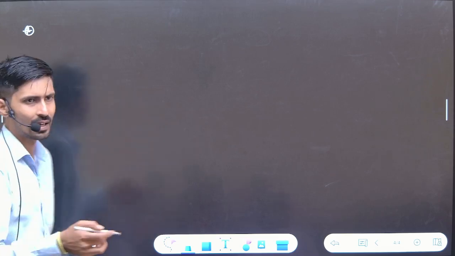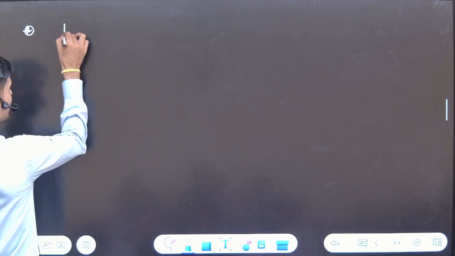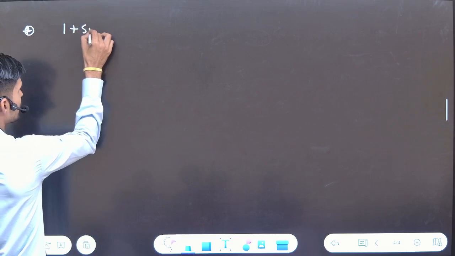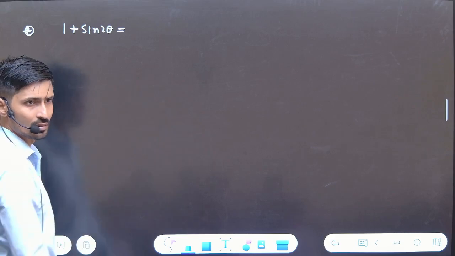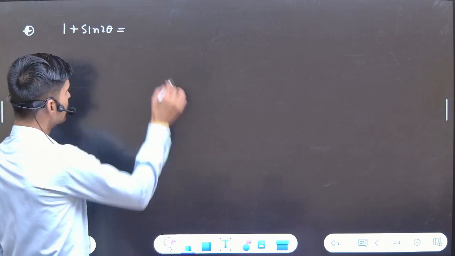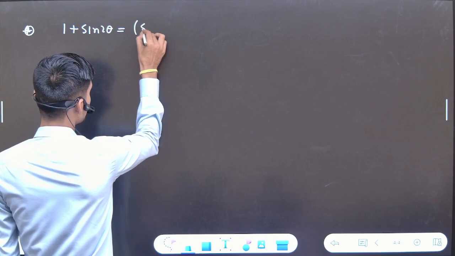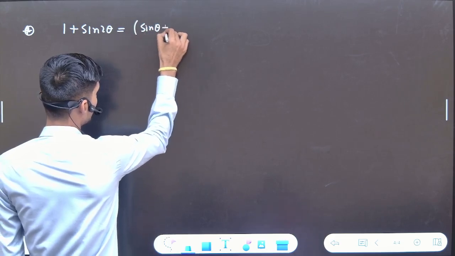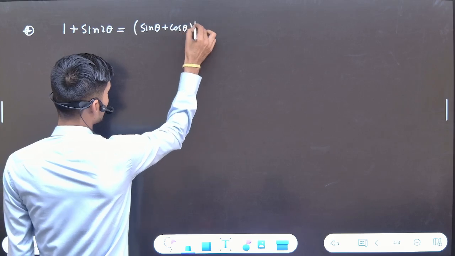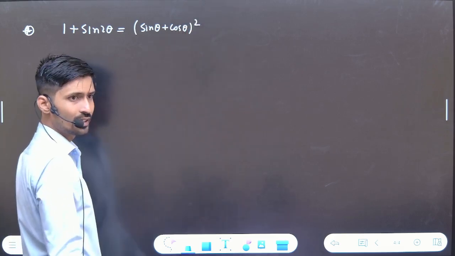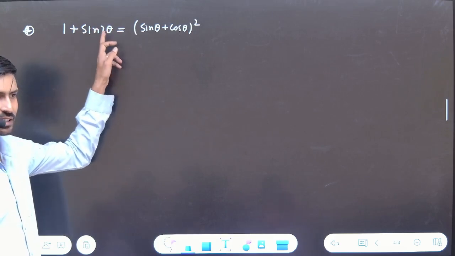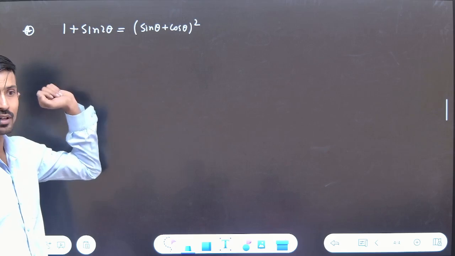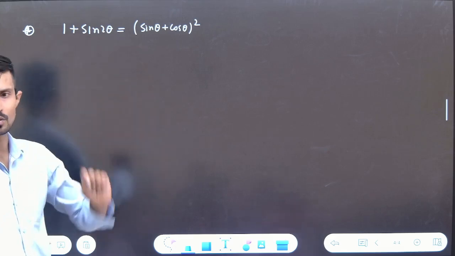Suppose anywhere it is written 1 plus sine 2 theta, that will become sine theta plus cos theta whole square. Why? Sine 2 theta we can write as 2 sine theta cos theta, and 1 we can write as sine square theta plus cos square theta.